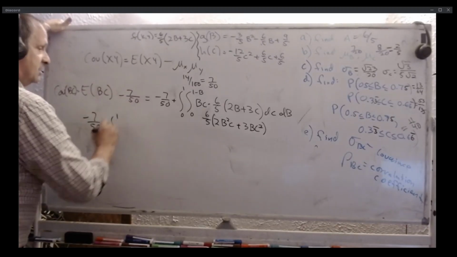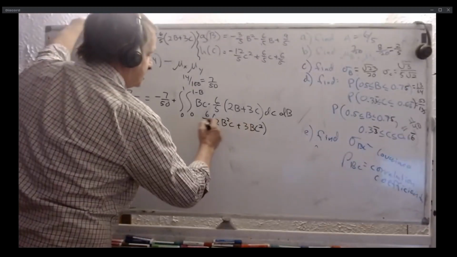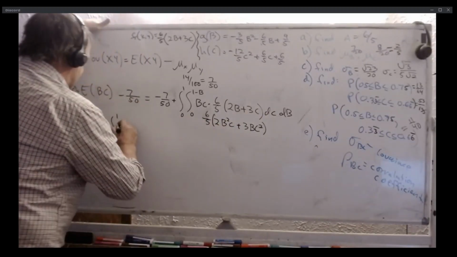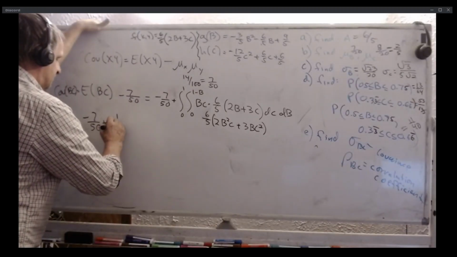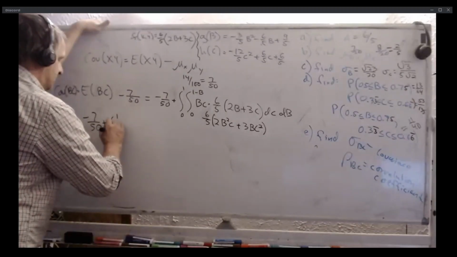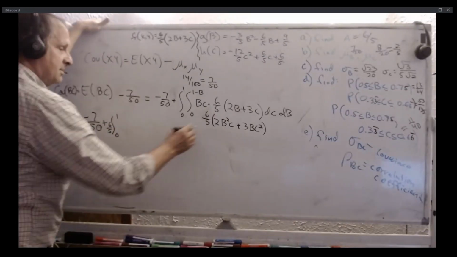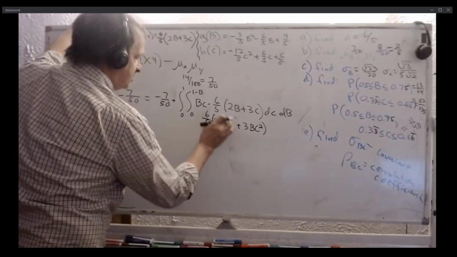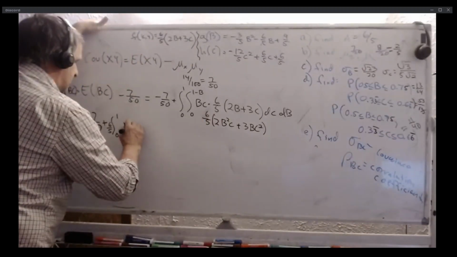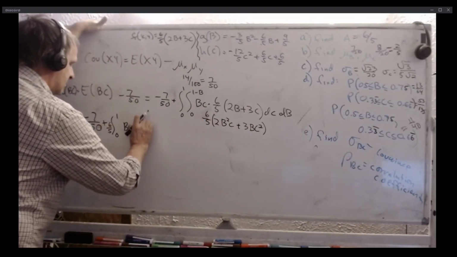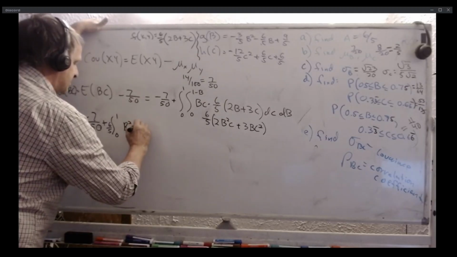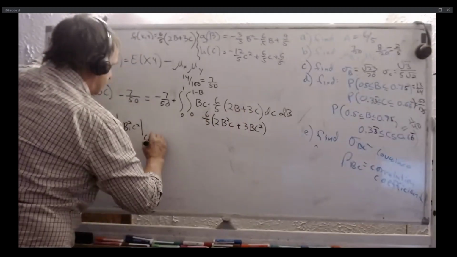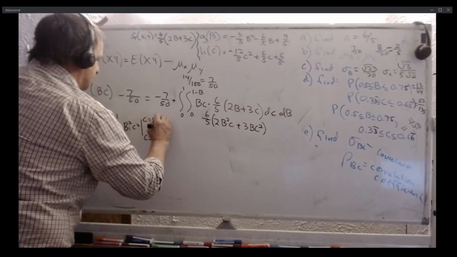So we got 0 to 1, and we're going to integrate this with respect to C. So this becomes, I'm going to pull the 6/5 out. Yeah, I'll put the 6/5 out front. So this is going to be a 2 b squared c squared over 2. So it's going to be b squared c squared evaluated from c equals 0 to c equals 1 minus b.